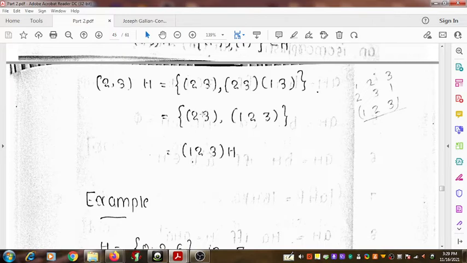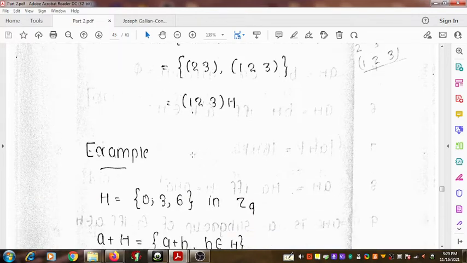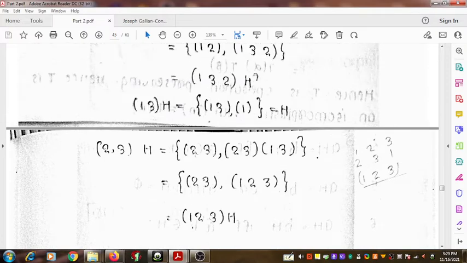The cyclic permutation (2 3), and this is the cyclic permutation (1 2 3). And finally you can see that it can also be written as (1 2 3) into h. Okay, and that's the first example.